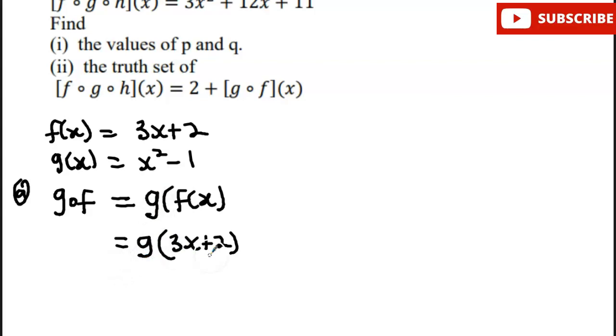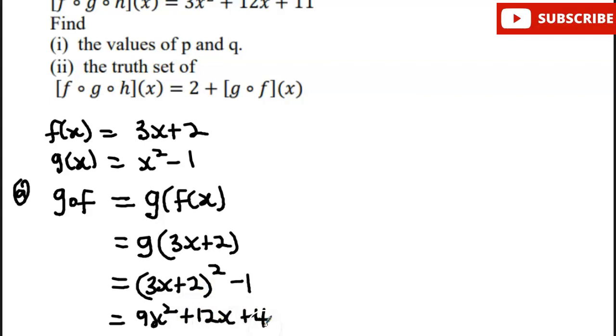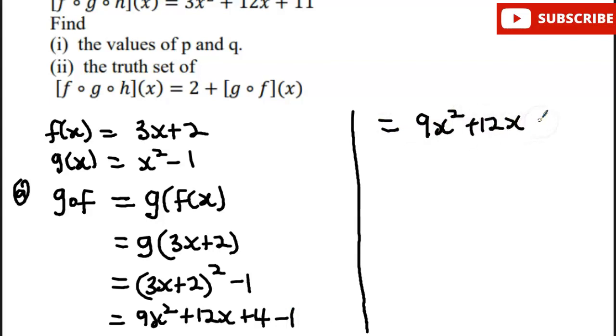Wherever we see x, we replace it by this expression. So this is 3x plus 2 all squared minus 1. We expand: 3x all squared will be 9x squared, 2 times 3x times 2, we have 12x, plus 4 minus 1. So we have 9x squared plus 12x, 4 minus 1 is 3, plus 3.